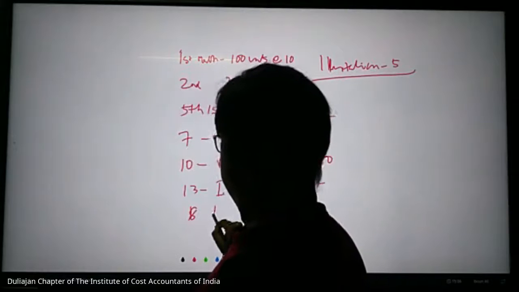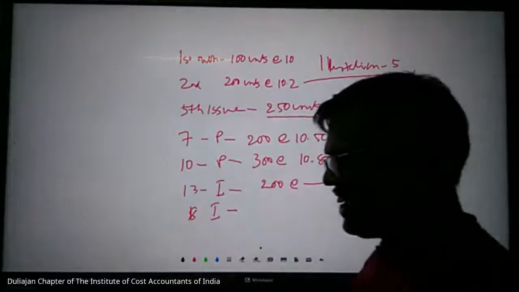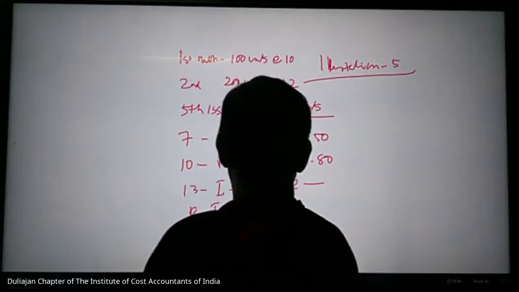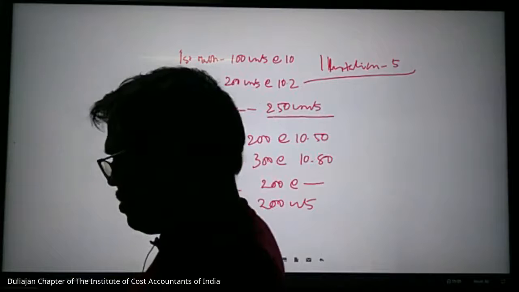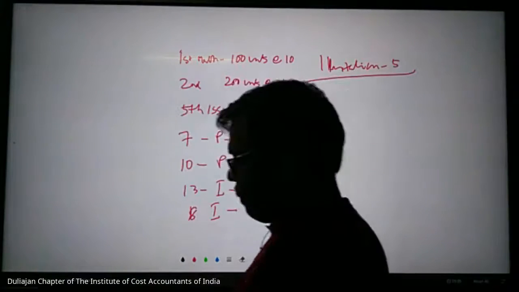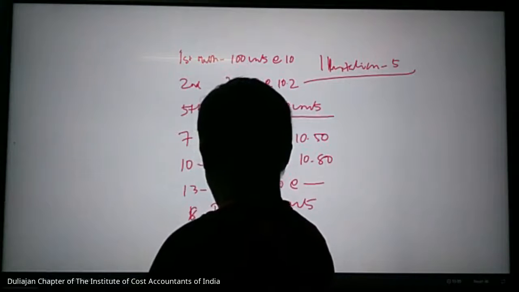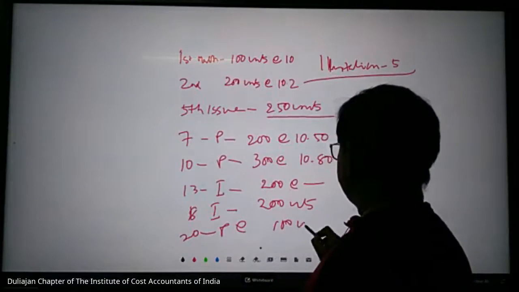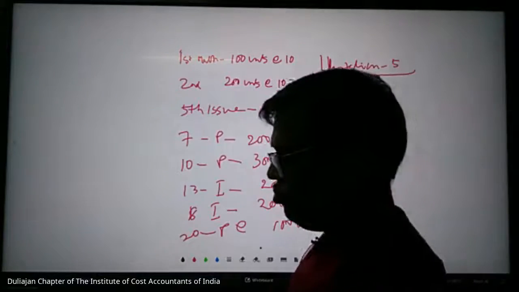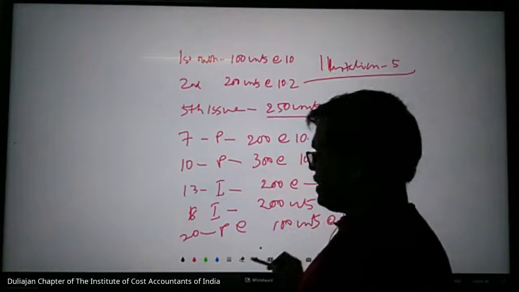18th, issued 200 units. There are different jobs they have mentioned, don't worry about that. 20th, purchases 100 units at the rate of 11 rupees.